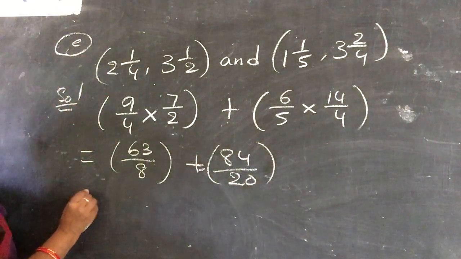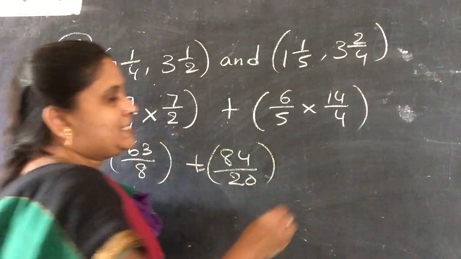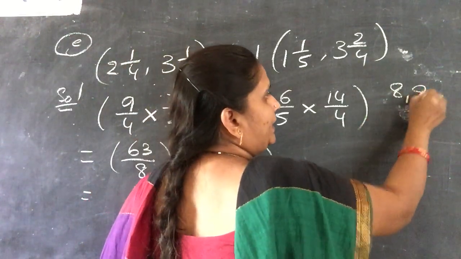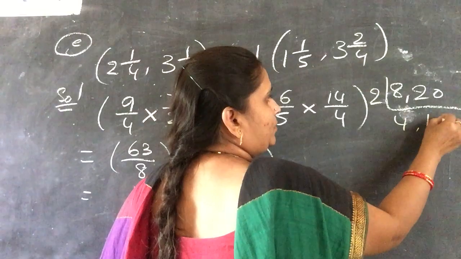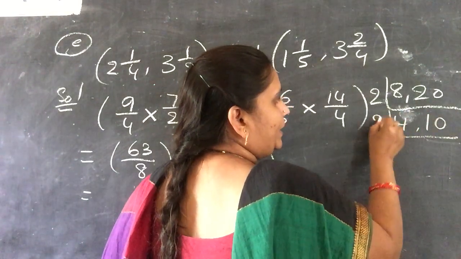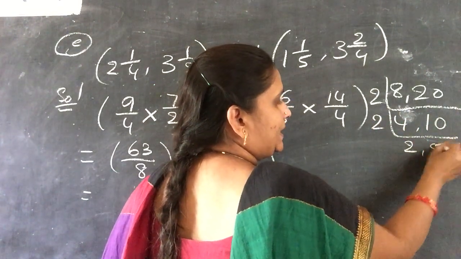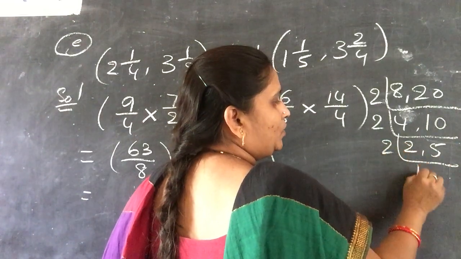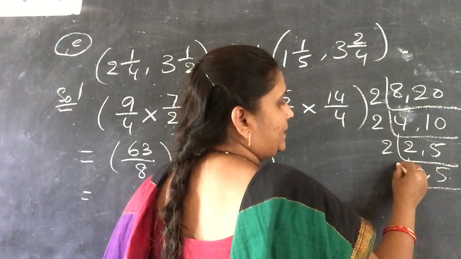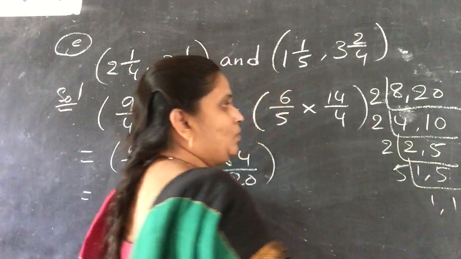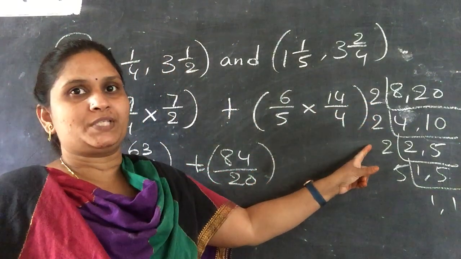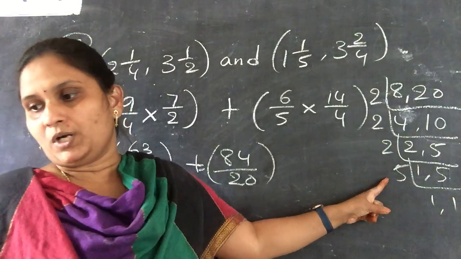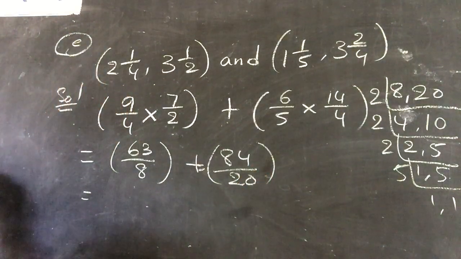Okay, now take the LCM for 8 and 20. 2 table. 2 4s are 8, 2 10s are again 2 table. 2 2s are 4, 2 5s are 10. Again 2 table. 2 1s are 2 and 5 is the remainder. 5 table 1 1. So now multiply this all. 2 2s are 4, 4 2s are 8, 8 5s are 40 is the LCM.